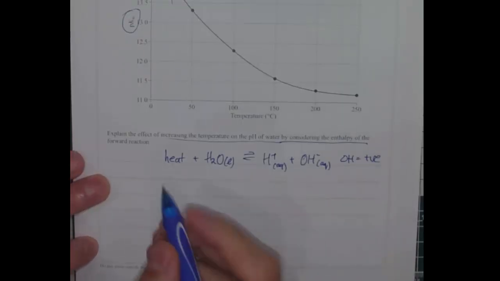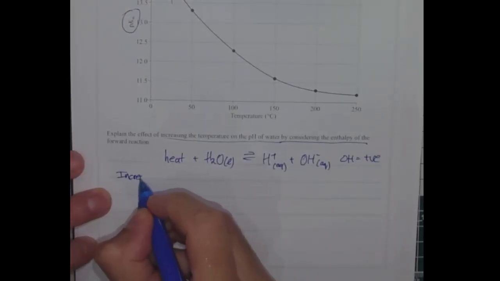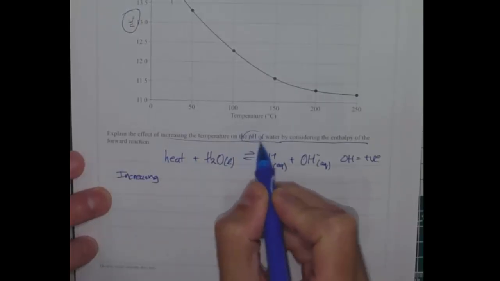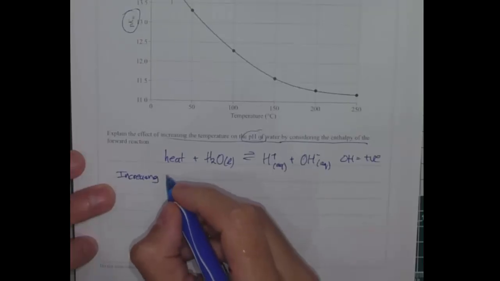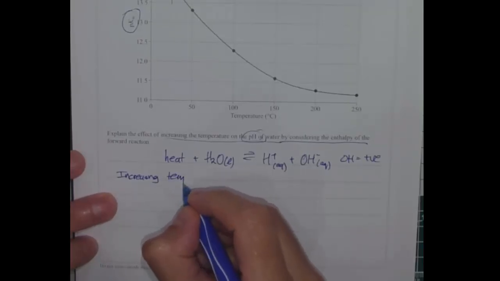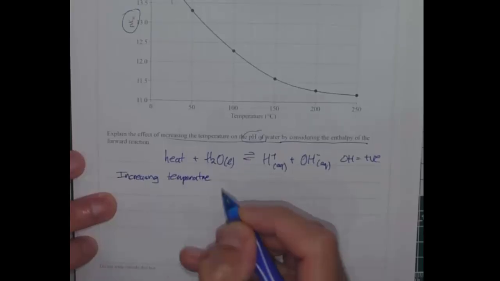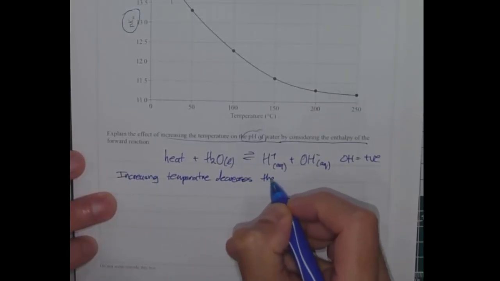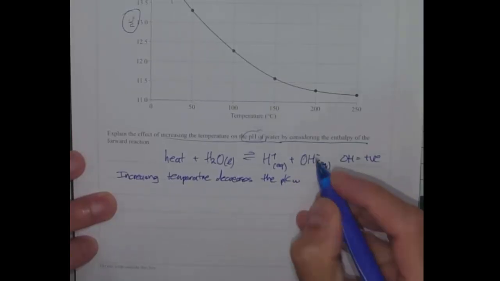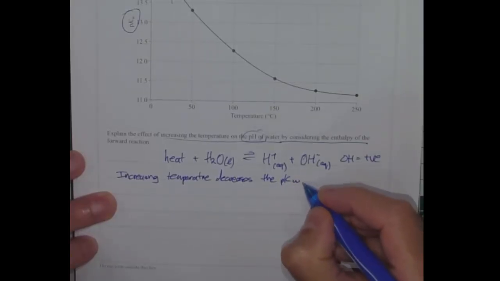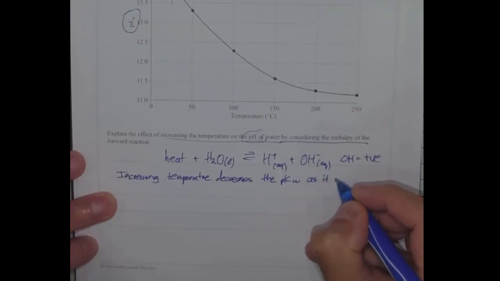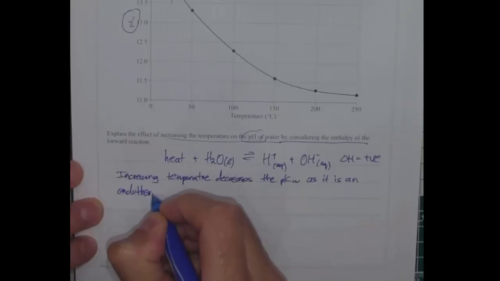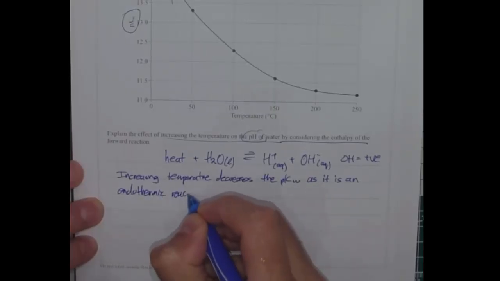Okay. So increasing the temperature decreases the pKw as it is an endothermic reaction. Got to say 8 things here.